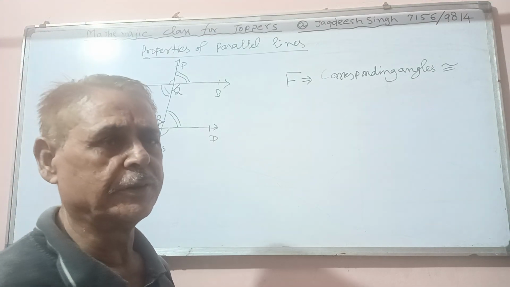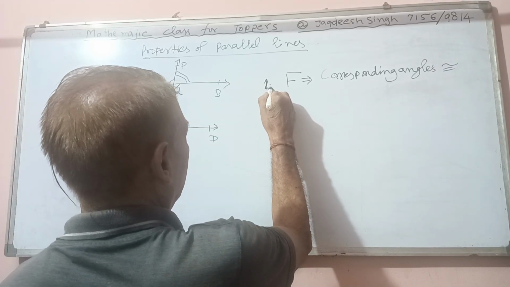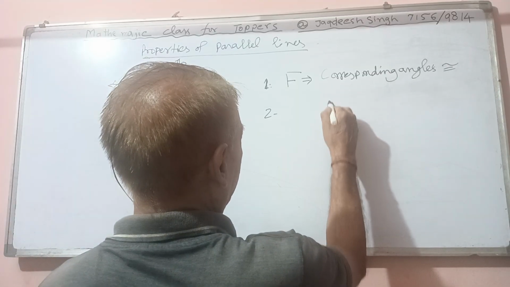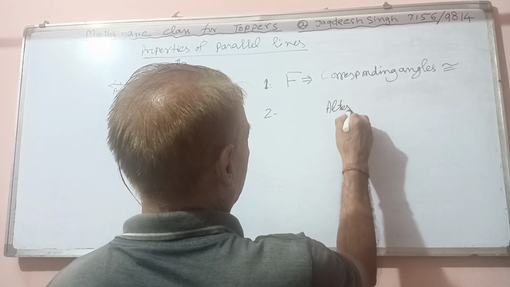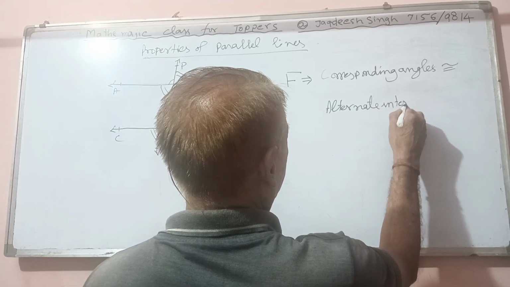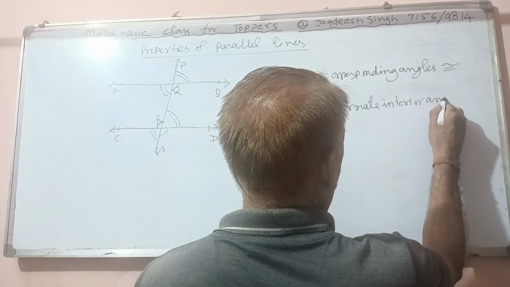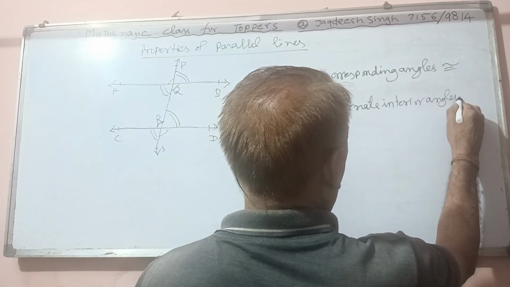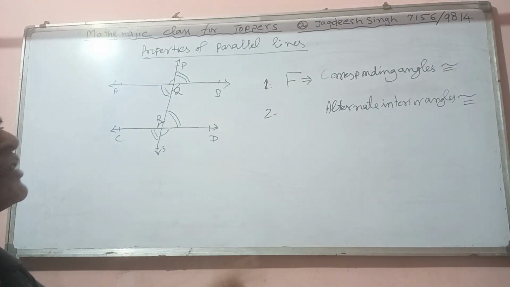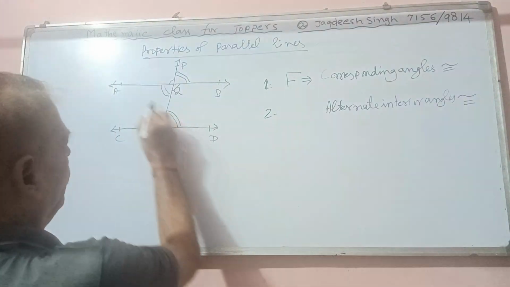Now we are coming to the second type: alternate interior angles. They are also congruent. They are recognized by the Z structure. How will you make Z?